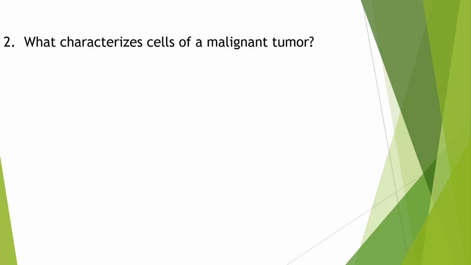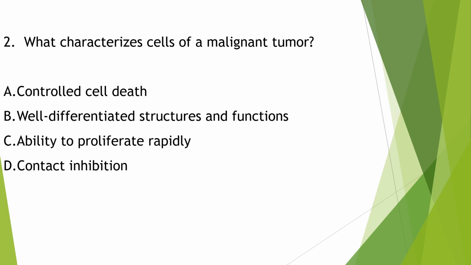What characterizes cells of a malignant tumor? Controlled cell death, well differentiated structures and functions, ability to proliferate rapidly, and contact inhibition. So here you need to understand certain features of malignant tumors and also of what a normal cell does.